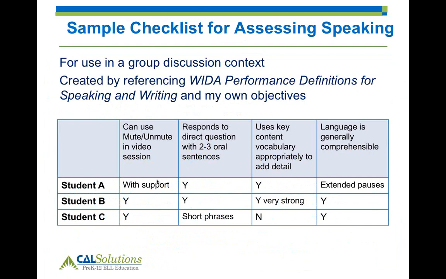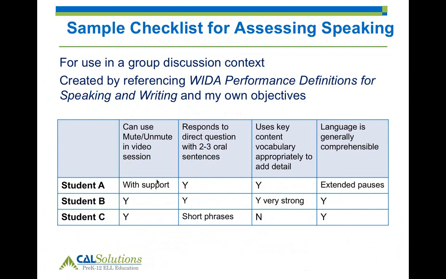But you might want to know things like, can the student mute or unmute themselves in the video? What quantity of language are they producing? Here I've said 2 to 3 oral sentences is what I was looking for. I could document if they're using that key vocabulary to add detail. And I might also want to gather some information about their general comprehensibility or their fluency, things like that.